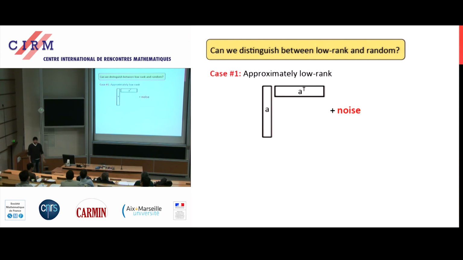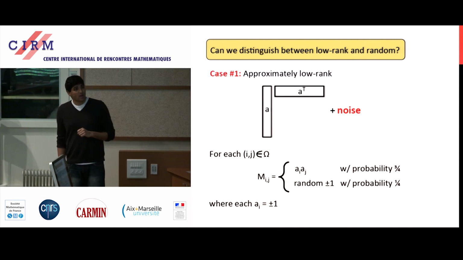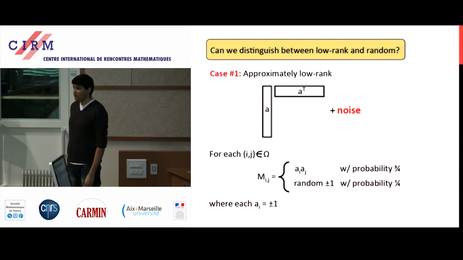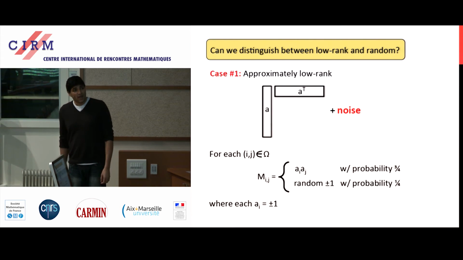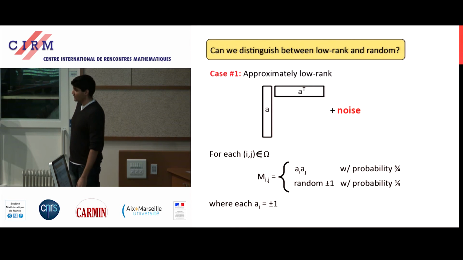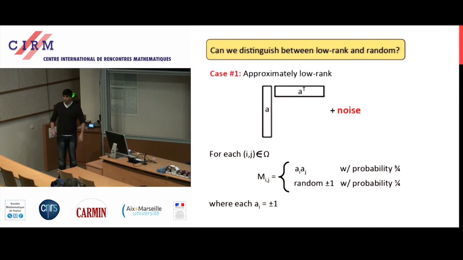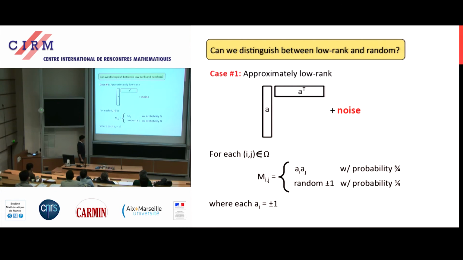Imagine the underlying matrix was rank 1 plus noise. Think about the entries in a, this underlying vector, as being plus minus 1s, and you have a_i times a_j. That's a plus minus 1 rank 1 matrix. Now, the slight complication is that maybe a quarter of your entries are not actually from this rank 1 piece, but are random plus minus 1s.